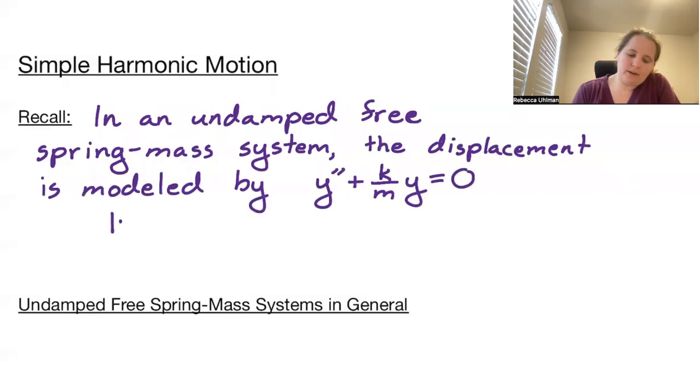Here, k is the spring constant, and m is mass.